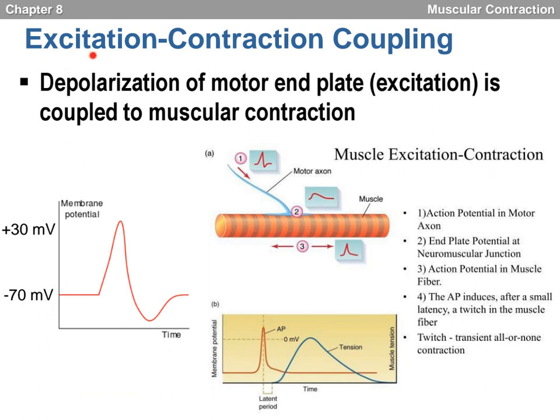One term you may hear a lot is excitation-contraction coupling. By excitation, we're referring to the electrical activity in, first of all, the motor neuron, but then there's also electrical activity in the muscle itself. So the sequence of events is such that initially an action potential, which is an impulse or spike, which is a change in electrical potential across the membrane of the axon.